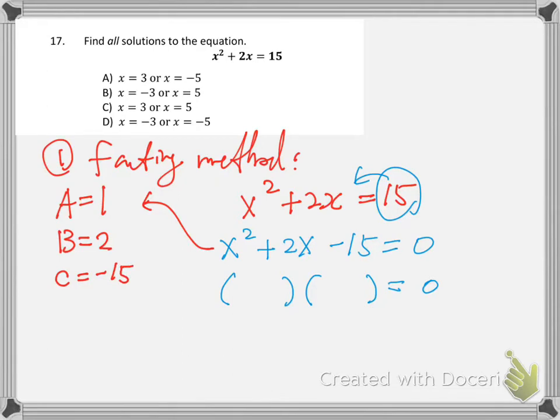Okay, so we have x plus s and x plus t. So what's the condition for s and t? We start from the product, right? c is the product, b is the sum. We need two numbers whose product is negative 15 and sum is 2.